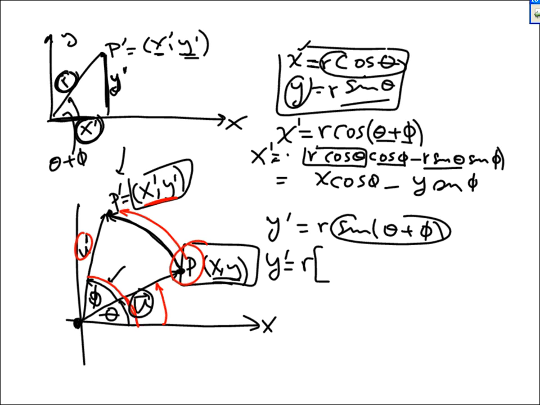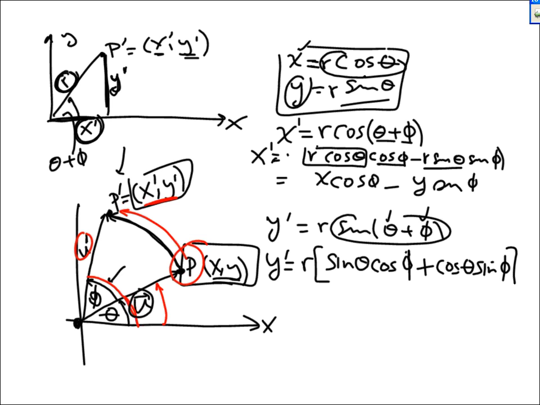This is the sine of the first angle times the cosine of the second angle, phi, plus the cosine of theta times the sine of phi.